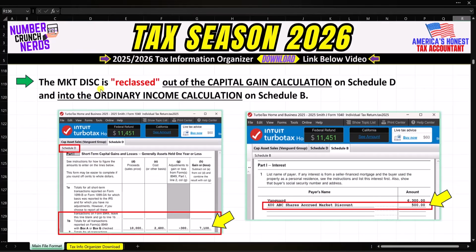The market discount is reclassed, meaning it is moved from one place to another. It is taken out of the capital gain calculation on Schedule D, and it is put into the ordinary income calculation on Schedule B. As we can see right here, while the negative $500 is buried inside of this number as a reduction, it is then picked up over here on Schedule B as interest income.